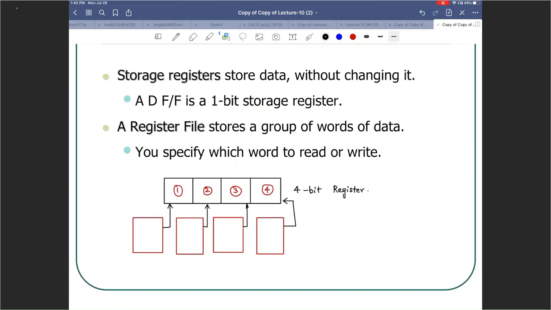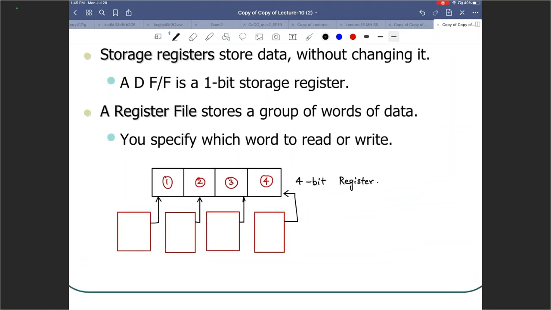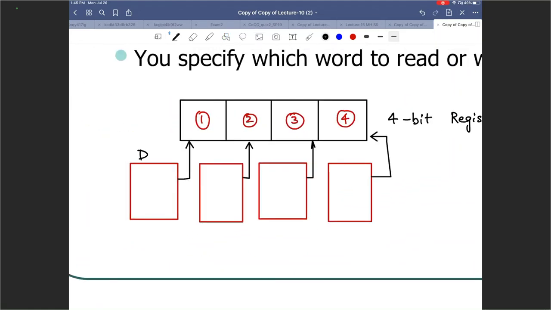So you have got 4, for example, D flip-flops here. Let me name them. D flip-flop, D flip-flop, D flip-flop, and another D flip-flop. Let us assume that they are all positive edge triggered D flip-flops.